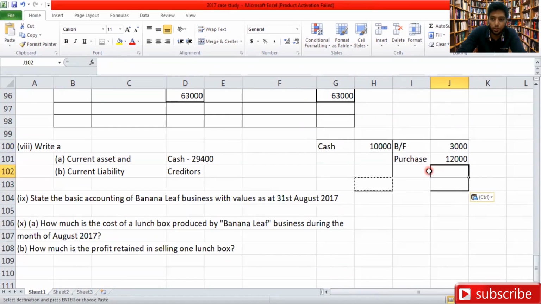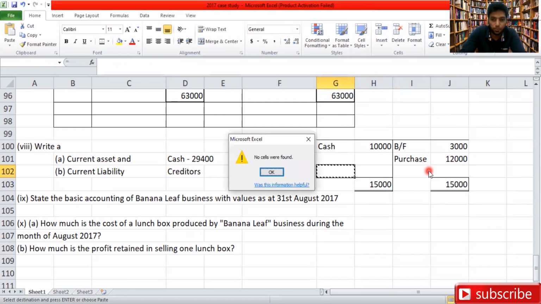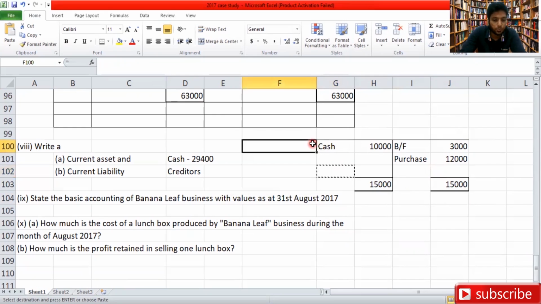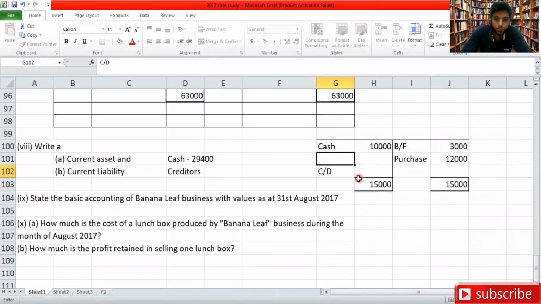Okay, so I have recorded here 15,000, here also 15,000. So carried down will be 5,000. So creditors, you can write here, it's 5,000, which you have found now.